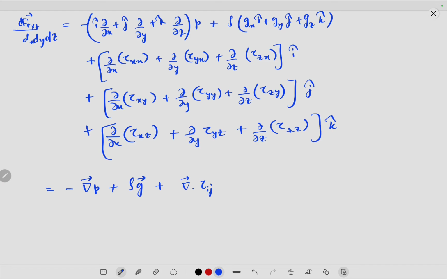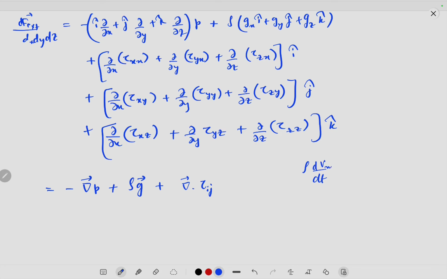Okay, and since I had df external, what I had was rho g, actually rho dv by dt.